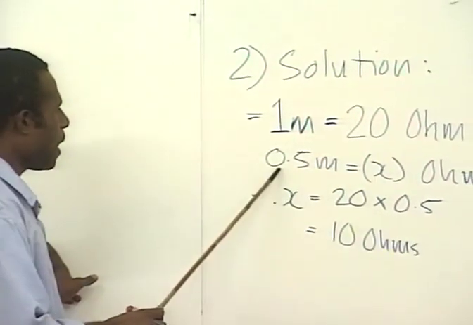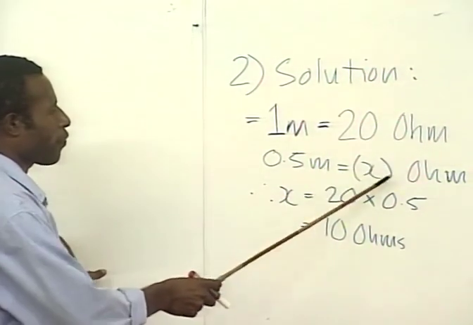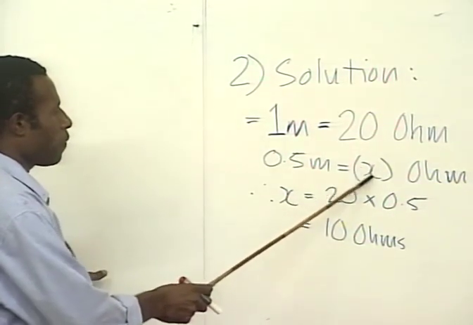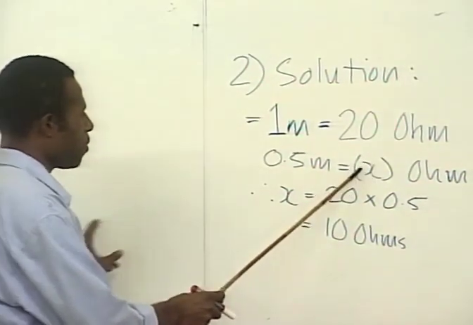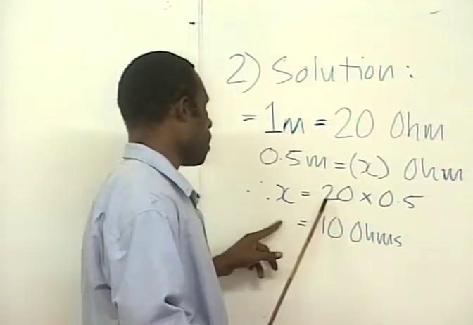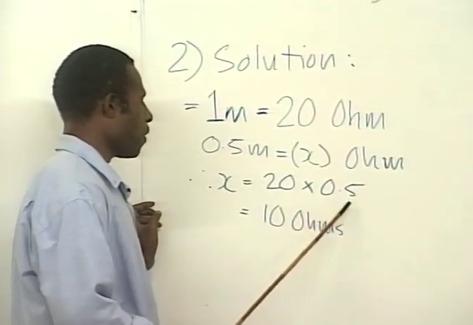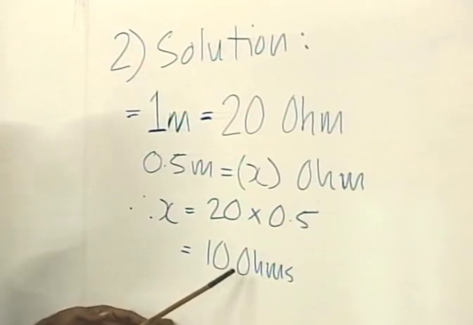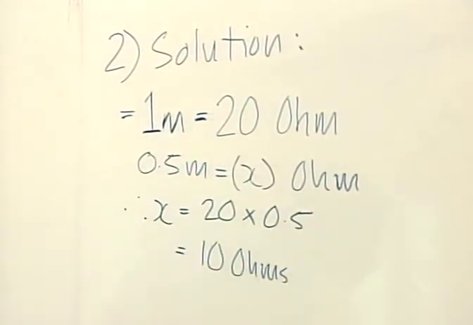Looking at the second solution, you have 1 meter, which is 20 ohms, and if it is 0.5 meters, you are solving to find the other resistance. So X equals 20 times 0.5 divided by 1, and you have 10 ohms.